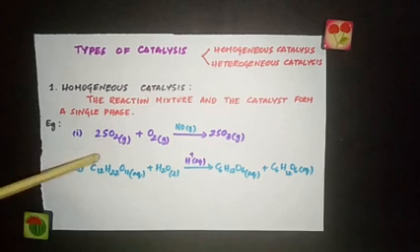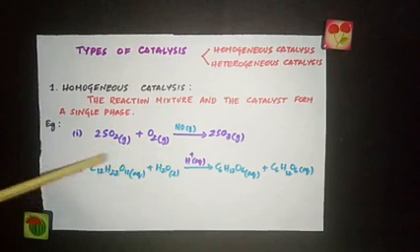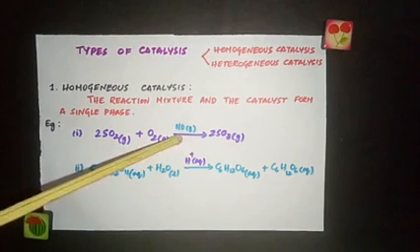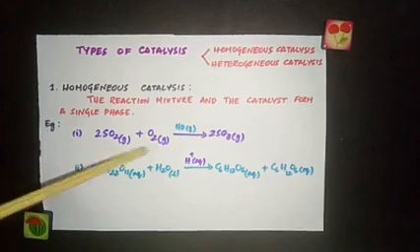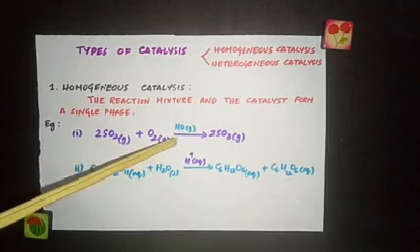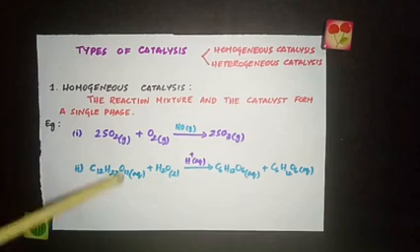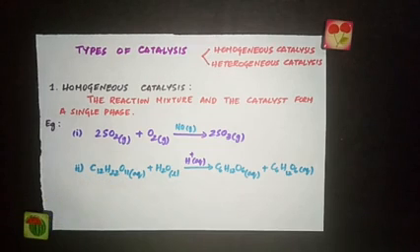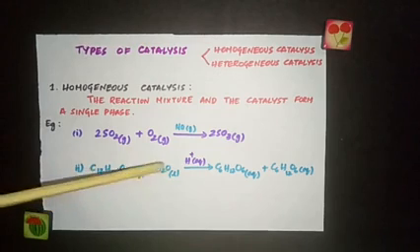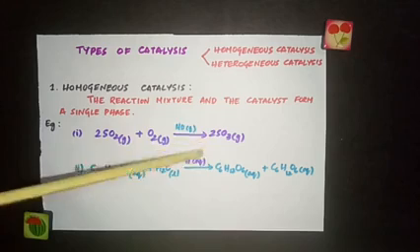Now look at this example. 2SO2 gas plus O2 gas, both are the reactants, and what is the catalyst here? NO gas. So all the three are in the gaseous phase. So the reaction mixture and the catalyst form a single phase. Now look at this example. You have sucrose, hydrolysis of sucrose, and this reaction is catalyzed by H+ ions provided by sulfuric acid.